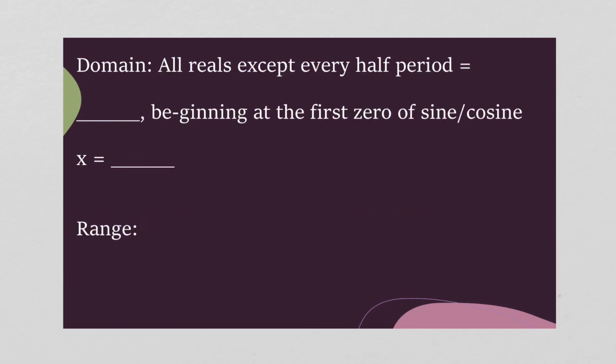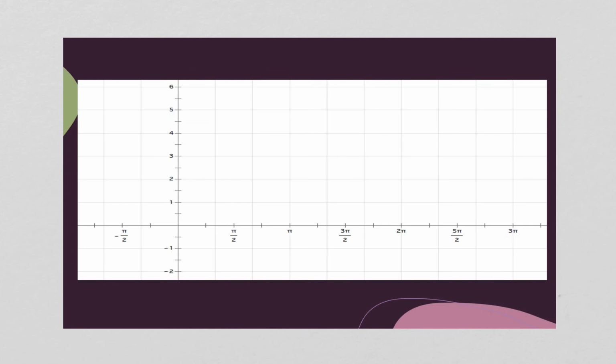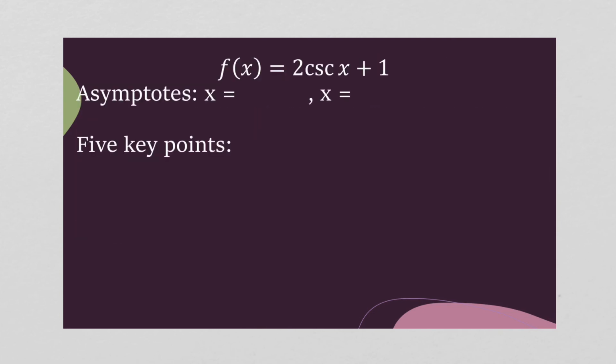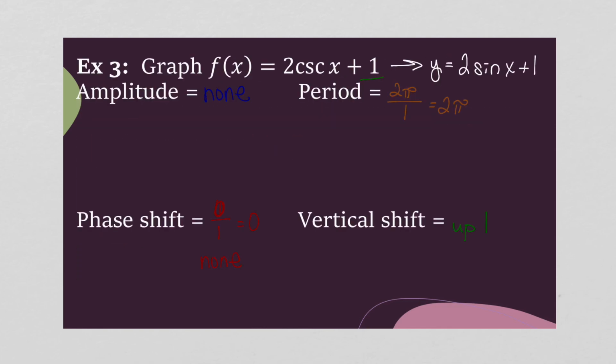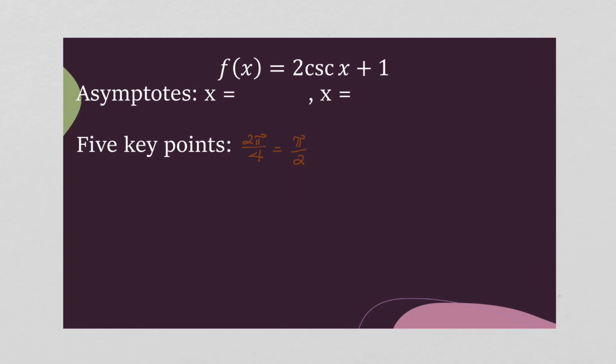Okay, so let's focus on graphing sine here. So we have to go through the 5 key points again. So we'll take our period, that was 2 pi, and divide by 4, and that gives us pi over 2. That's how far they're going to be apart. So our first point for sine would normally be 0, 0.